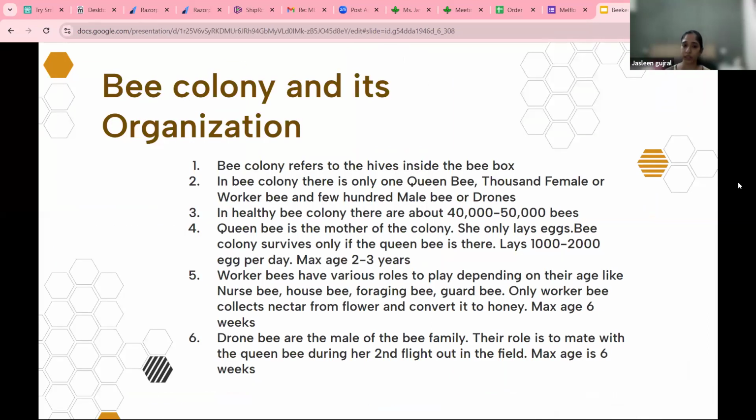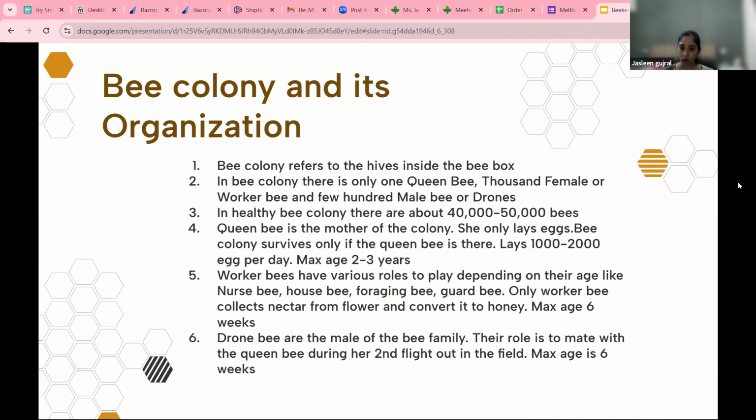Now we'll talk about the bee colony and organization. A bee colony basically means a colony in which bees live, the bee boxes. We divide the boxes with frames, and that is known as a bee colony or the bee family.